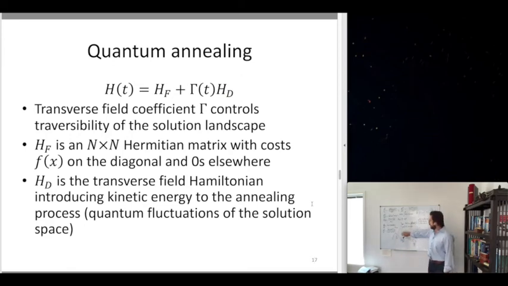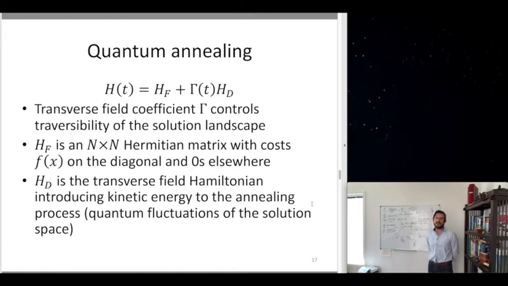So if this integral under the curve is too big, and too big depends on what the problem landscape looks like, then it will not be able to tunnel through. So quantum annealing specifically, again, we start with a Hamiltonian of t. We have our final Hamiltonian here on the left, plus gamma of phi times the transverse field Hamiltonian that we see here.